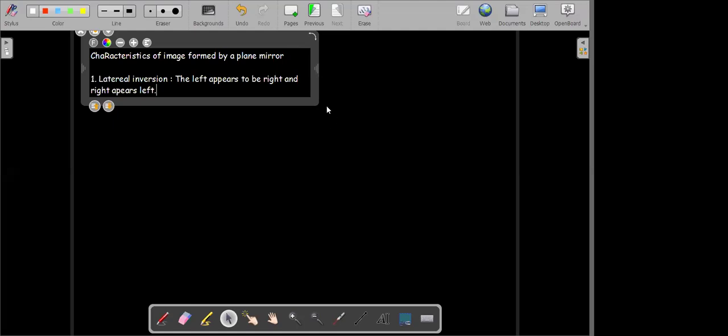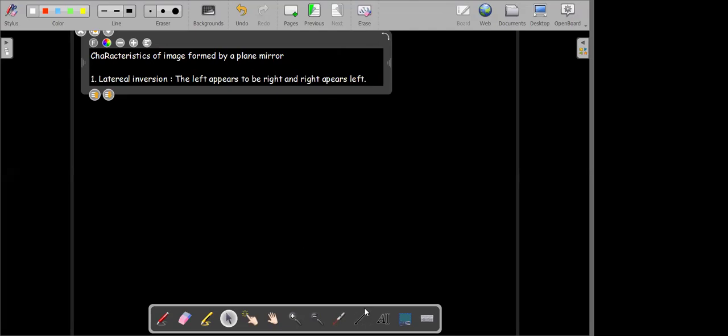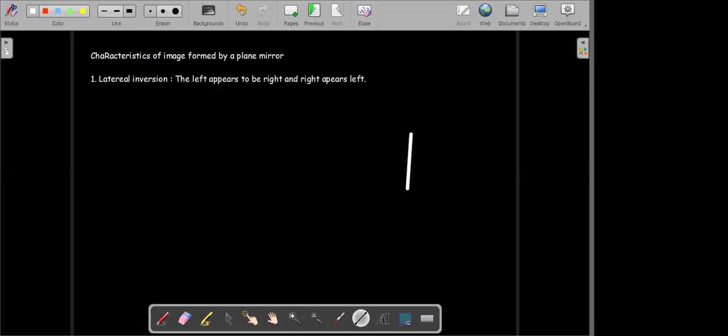So see how the lateral inversion happens. You take a mirror and in that mirror, let's say I have taken a plane mirror over here. And if I observe the letter A inside it, I write here A and I observe this, so it will appear to me as A only. If I write here B, so how will I observe? Should I observe it like this? Yes.